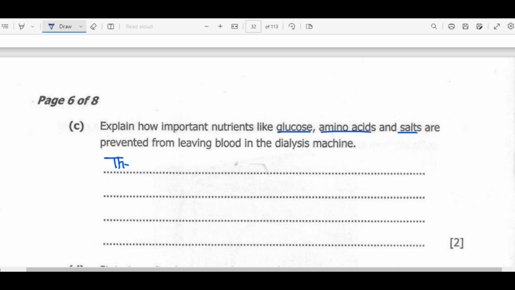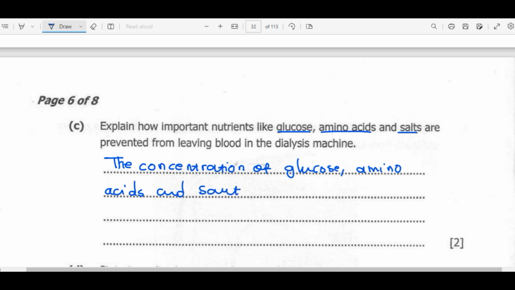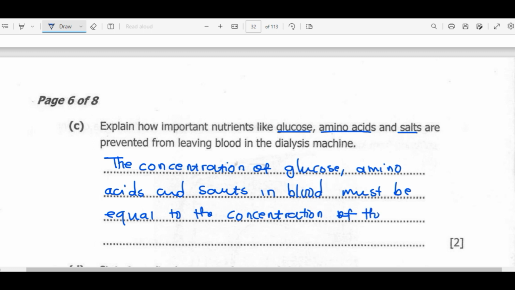So say the concentration of glucose, amino acids, and salts in blood must be equal to the concentration of these materials in dialysis fluid to prevent diffusion.